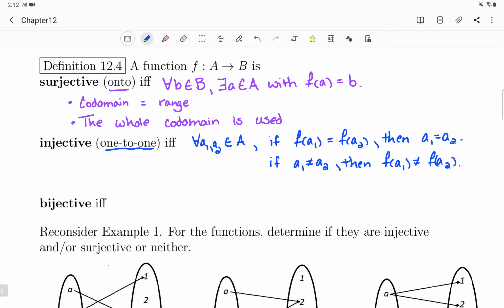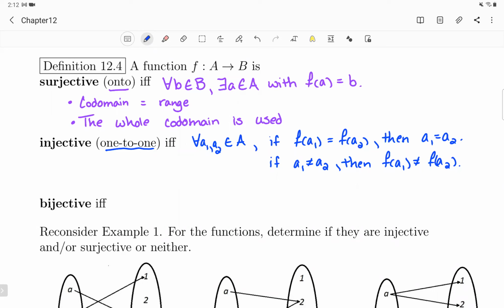Contrapositive and original statement have the same truth value, so they mean the same thing. The idea here, one-to-one, injective, is that I'm getting a unique output that never repeats anywhere else. Okay, so if I take 2 things and plug them into the function, if they're not the same, they're not going to output the same thing.